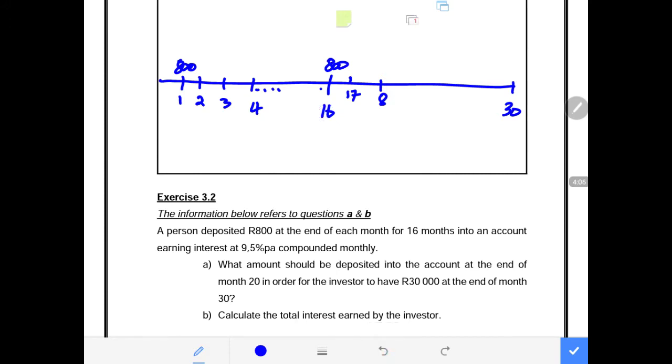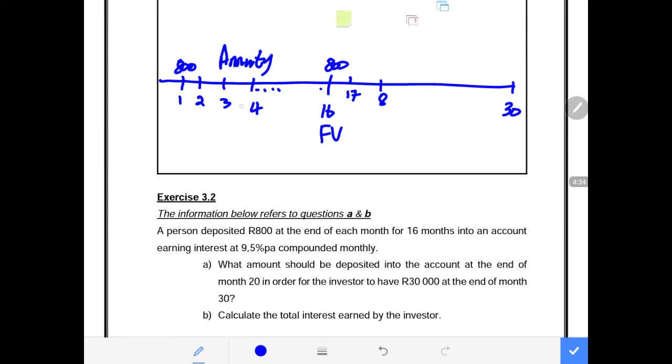So now, the 800, we know that it is what we call an annuity. So whenever the annuities stop, either because we stop making the payments or because there's a change in the interest rate, we always need to calculate the future value on the last deposit or on the last payment or on the last withdrawal, because we dealt previously also with withdrawals.